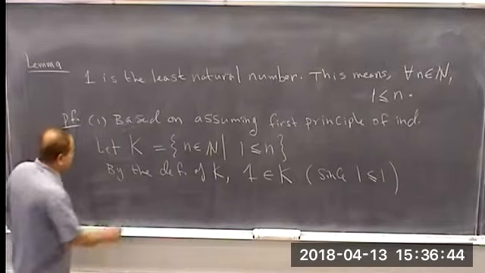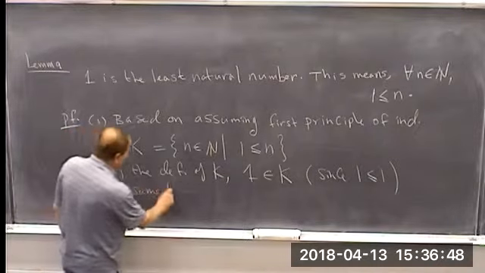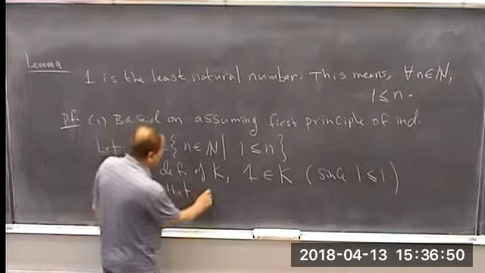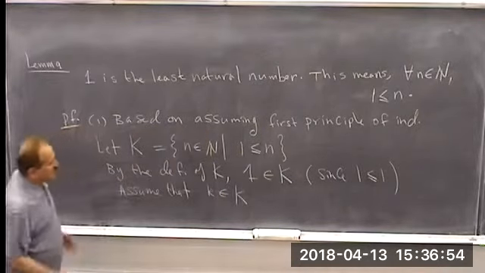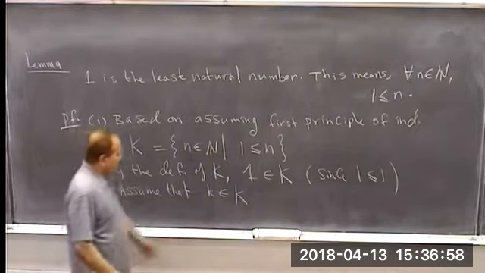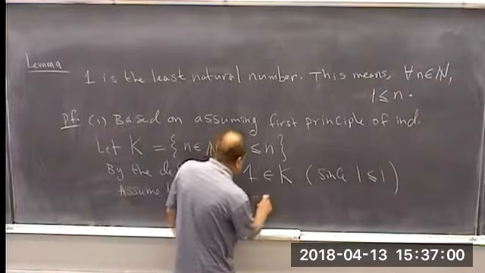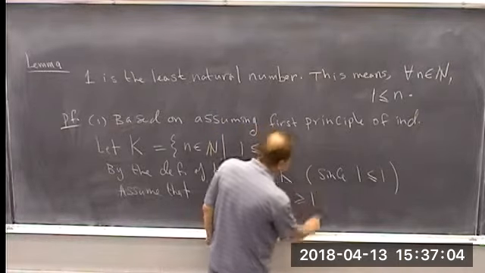All right, now next, let's assume that k is in K. And I want to prove that k plus 1 is in K. By the definition of K, this means that k is bigger than or equal to 1.